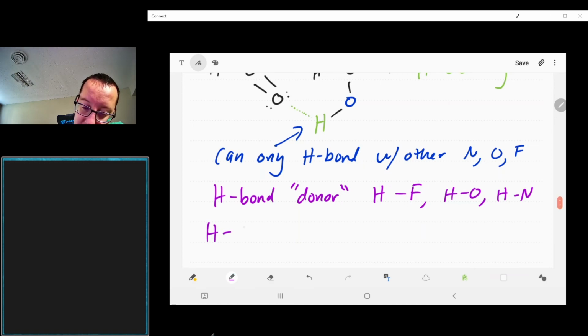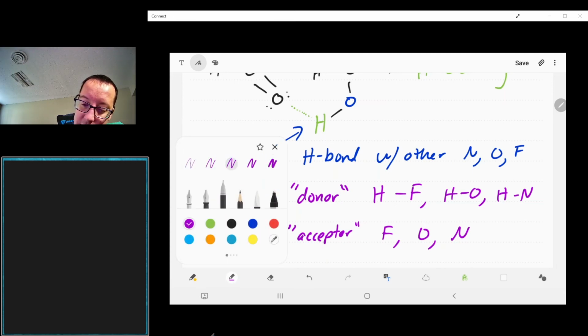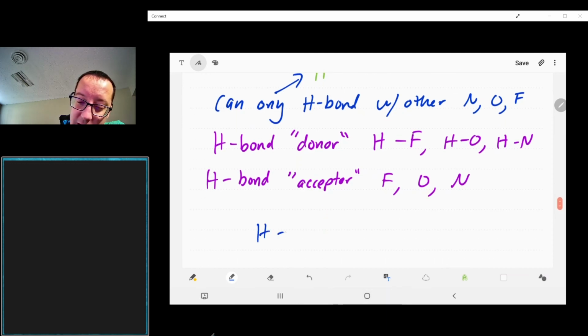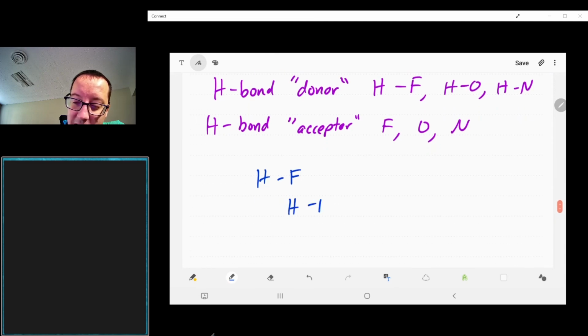And then an acceptor is going to be any other of those three elements. So if you really want to be correct about this, of course, two HF molecules can have hydrogen bonding together, right? That's great. We can see that two HF molecules will definitely hydrogen bond.